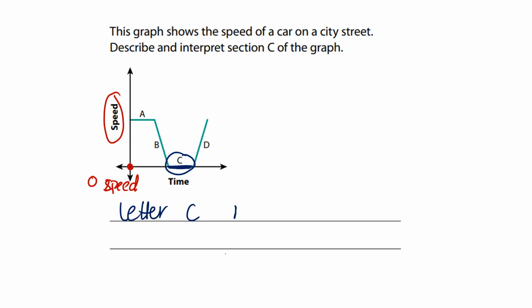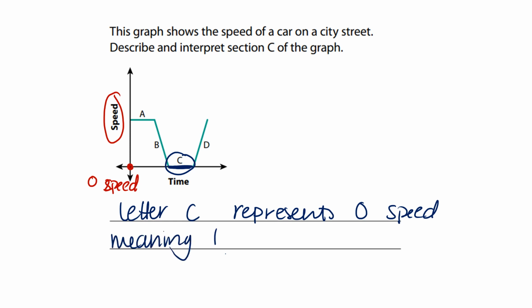Letter C represents 0 speed, meaning the car is stopped. Whether that be at a stop sign, a stoplight, the store, wherever it is, the car is stopped because the speed is 0.